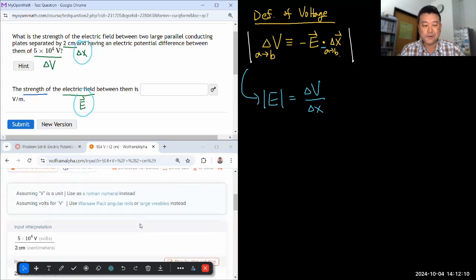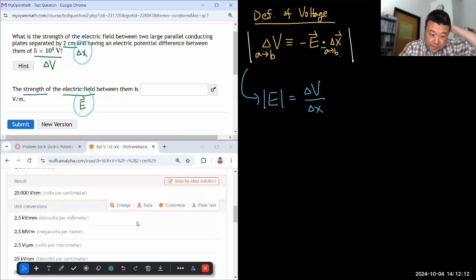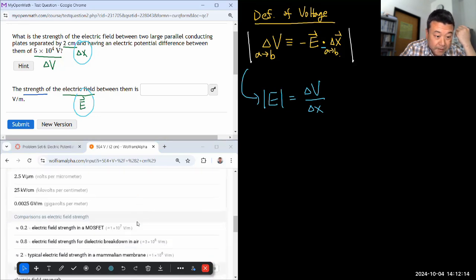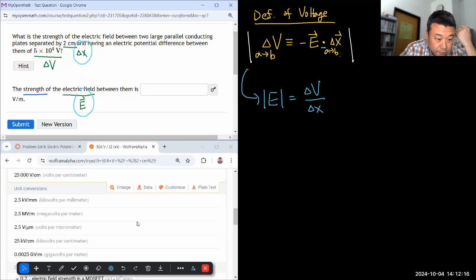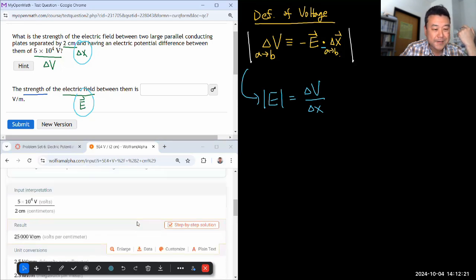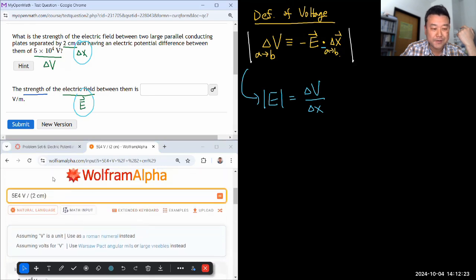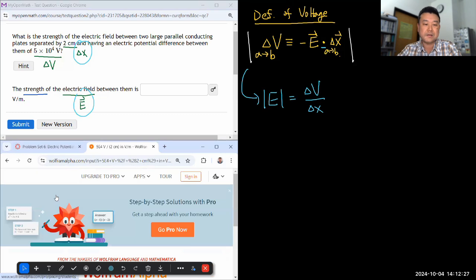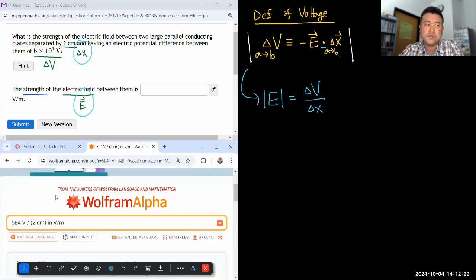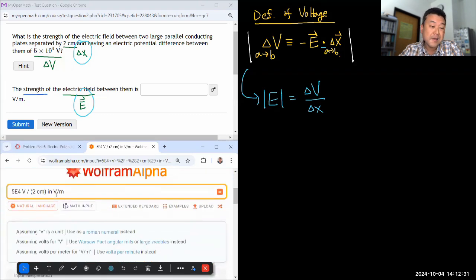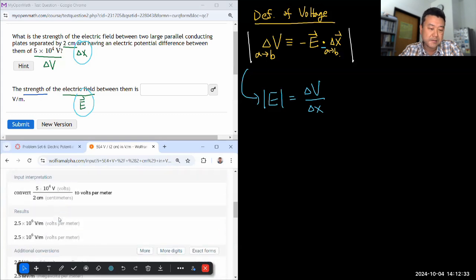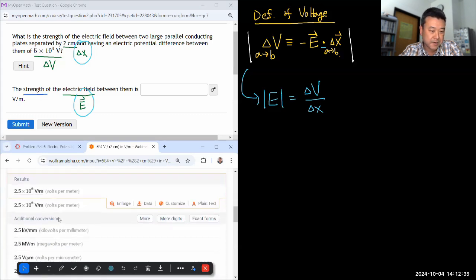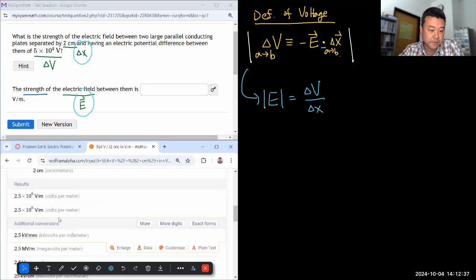It's just a simple power of 10. But sometimes people do make mistakes doing it. So I do think having a tool like Wolfram Alpha helps. I guess volts per centimeter is a more commonly used unit. So let me say in V over M. Wolfram Alpha will give you some units that it thinks are common. And I guess volts per meter is not quite as common as actually kilovolts per centimeter.